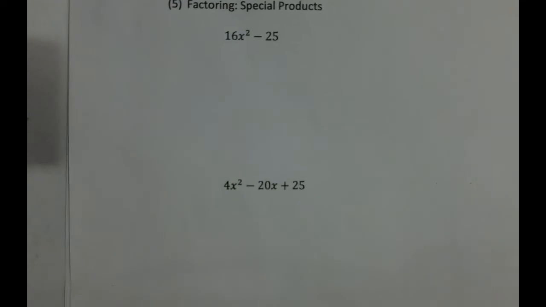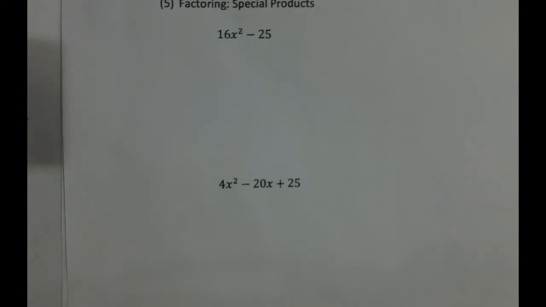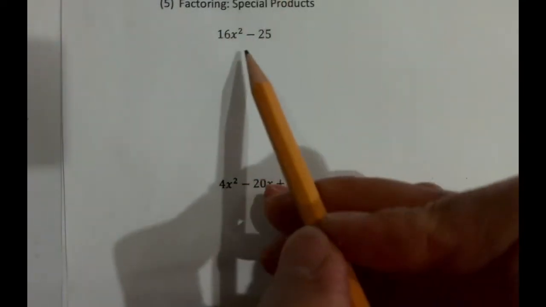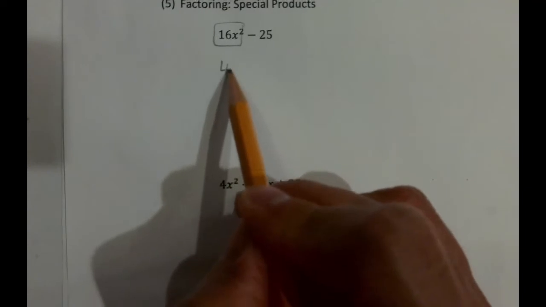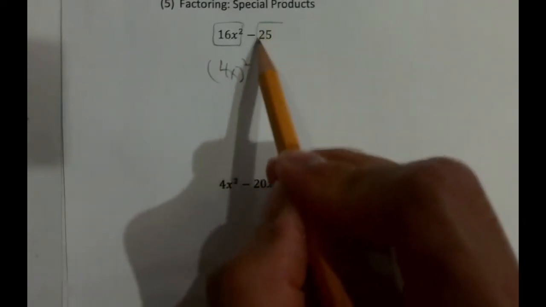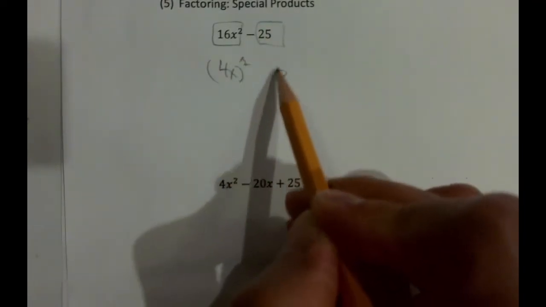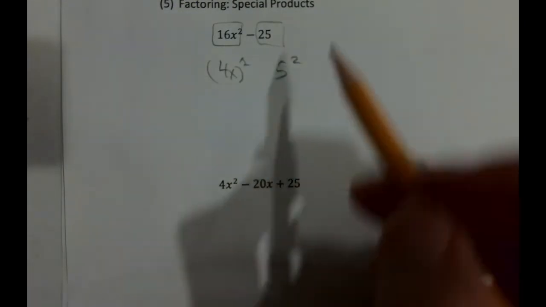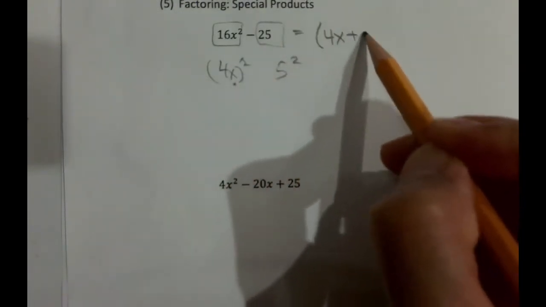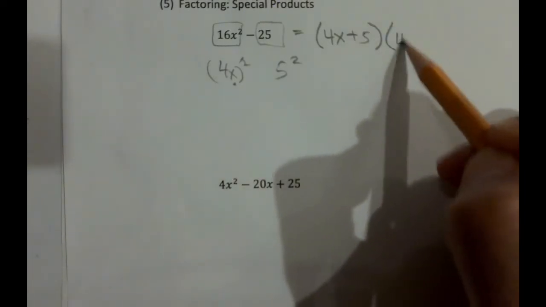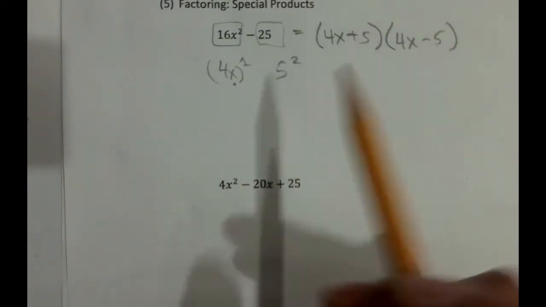So going back to factoring special products, here's another one. Okay, ideally you start to realize if I have a perfect square here, this is 4x squared, and a perfect square here, this is 5 squared, then this is equal to 4x plus 5 times 4x minus 5.